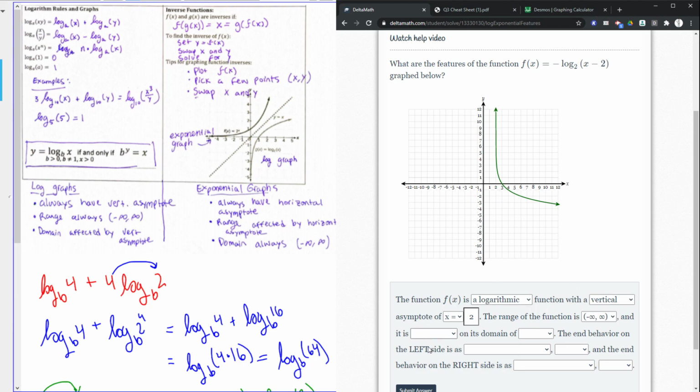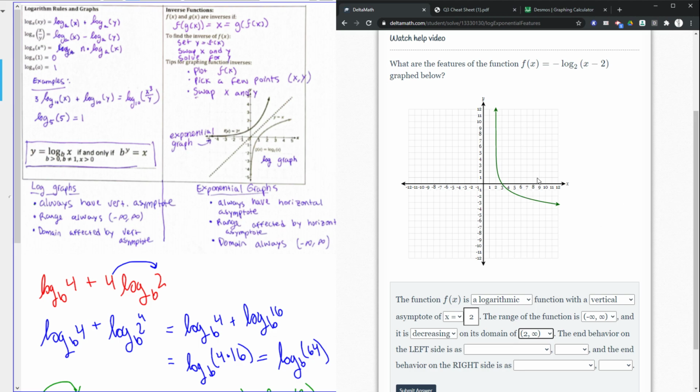This is going to be decreasing. As I go from left to right, that marble is rolling down the hill. It's decreasing. Domain in this case, the furthest to the left that I can go is wherever that vertical asymptote is. So I can start at 2, right? But then I move to the right off to positive infinity on the x-axis.